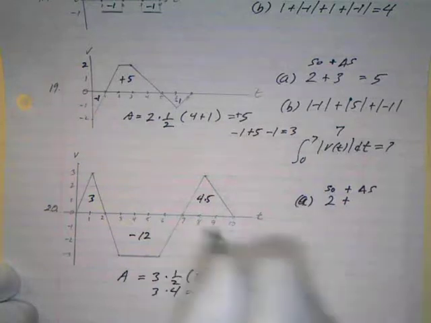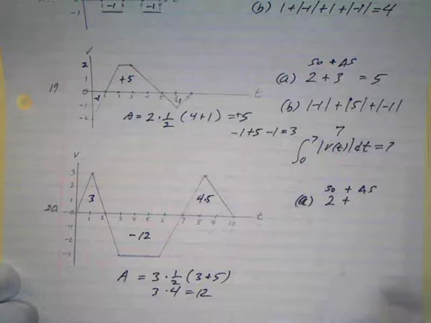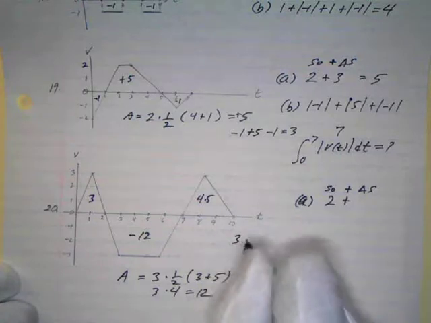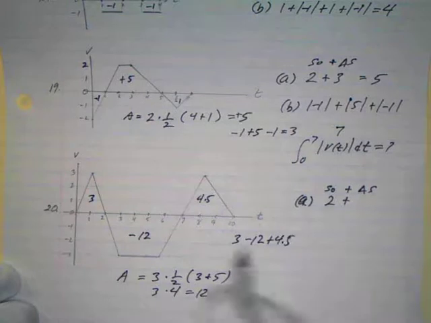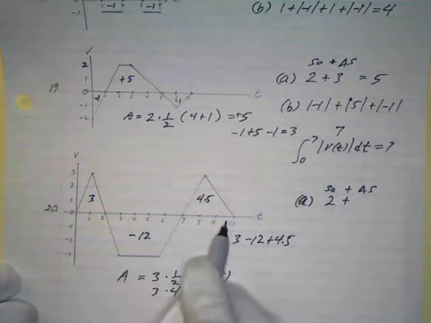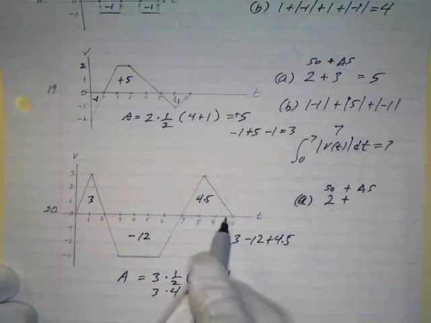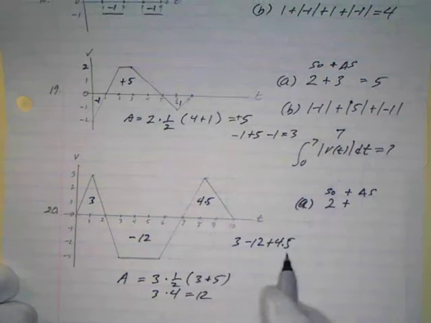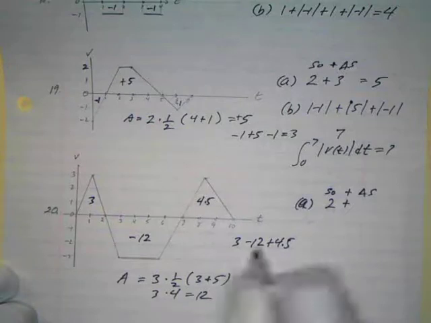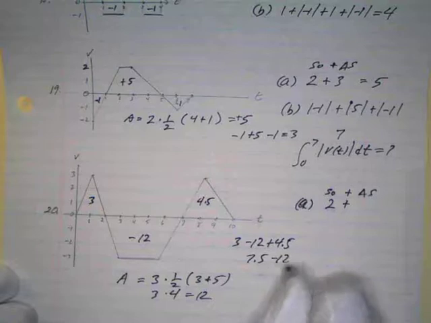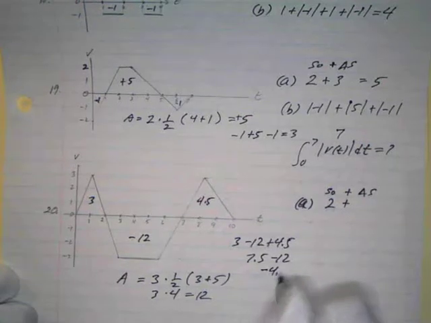So if I add these up, I get 3 minus 12 plus 4.5. All right, so my delta S, my displacement, is going to end up being -4.5. That ends up being 7.5 minus 12, which is -4.5.